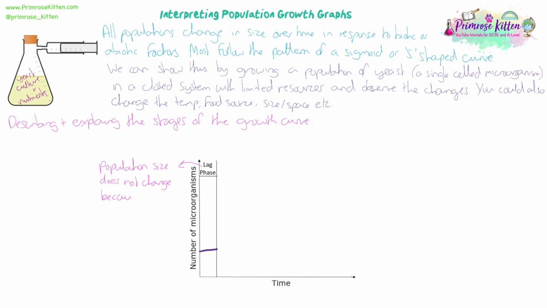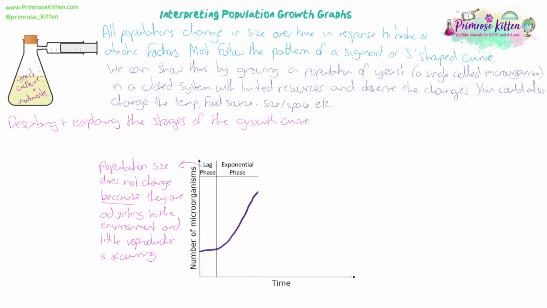There's no immediate cell division or reproduction, because they need to get used to where they are and also get enough nutrients on board and be stable before they can start reproducing.